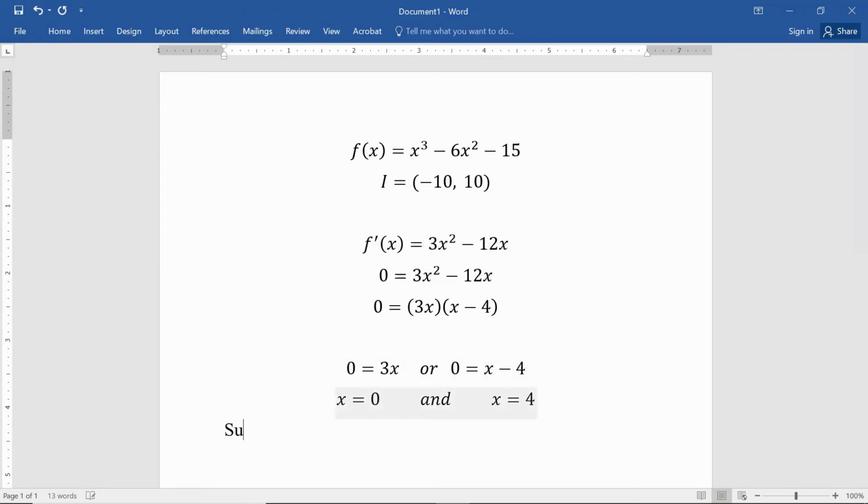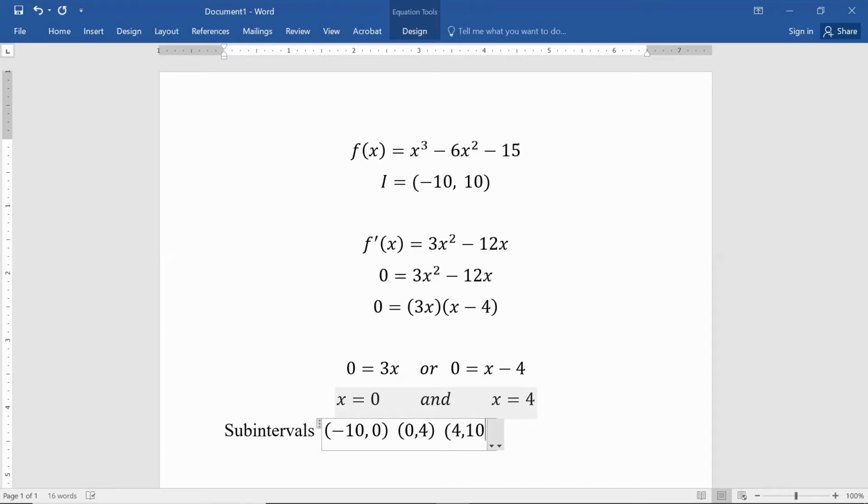The subintervals that I'm going to use are from -10 up to 0, and then from 0 to 4, and then from 4 to +10.